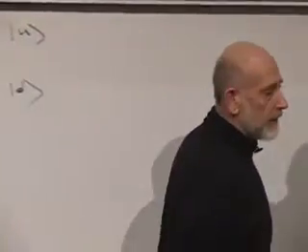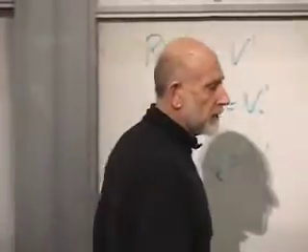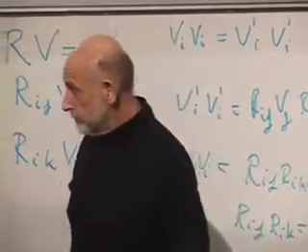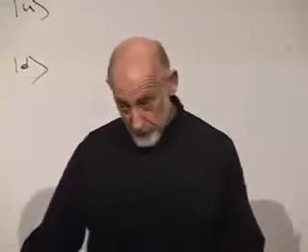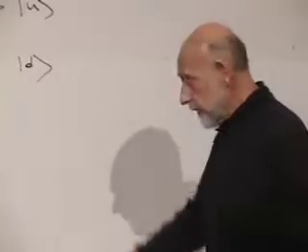What do we specify about them? We specify nothing more than that the sum of the squared magnitudes of them, alpha 1 star alpha 1 plus alpha 2 star alpha 2, should be equal to 1. That's all. Other than that, it's free to choose alpha 1 and alpha 2.